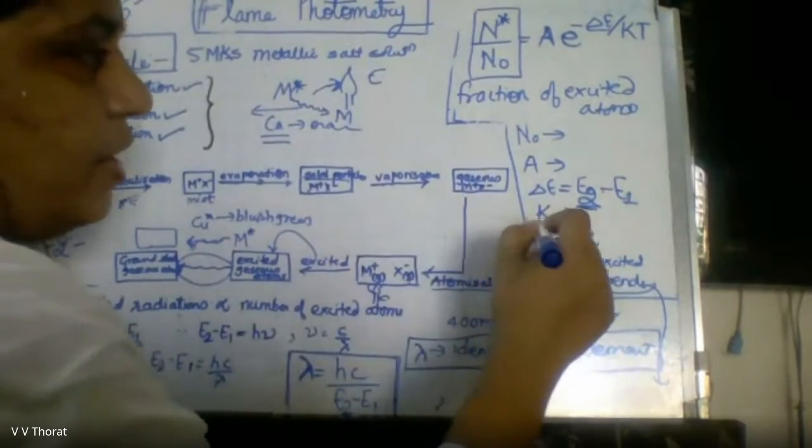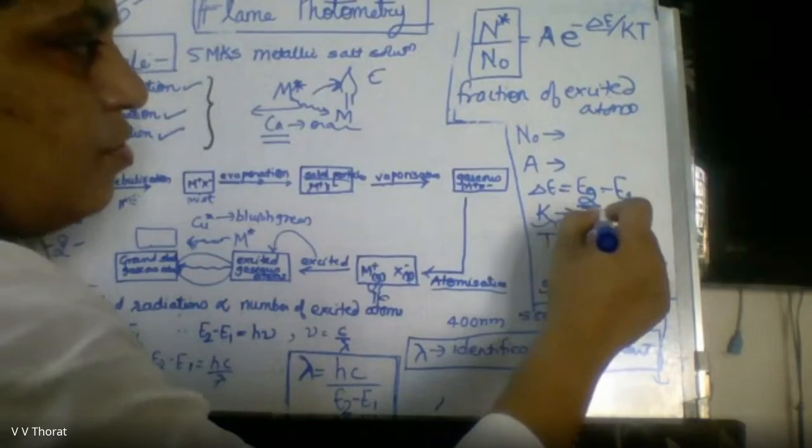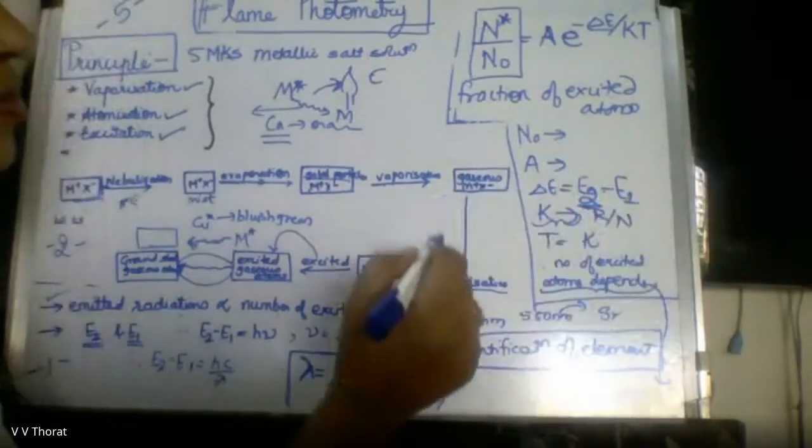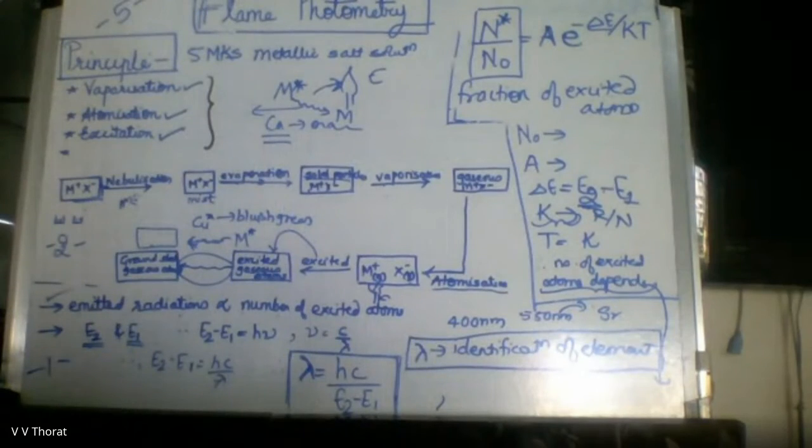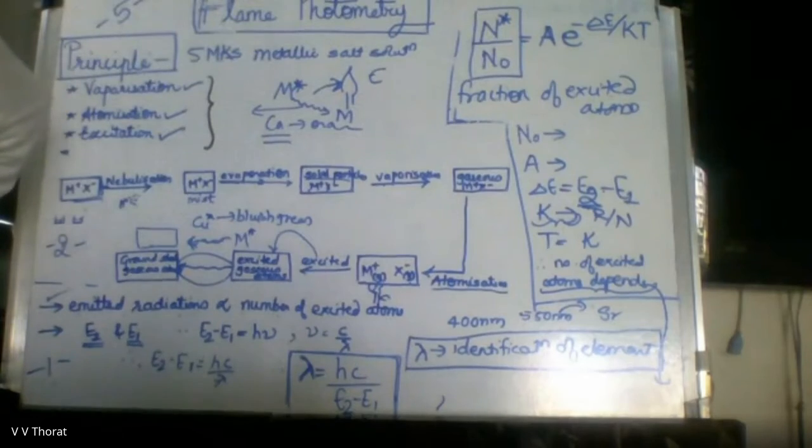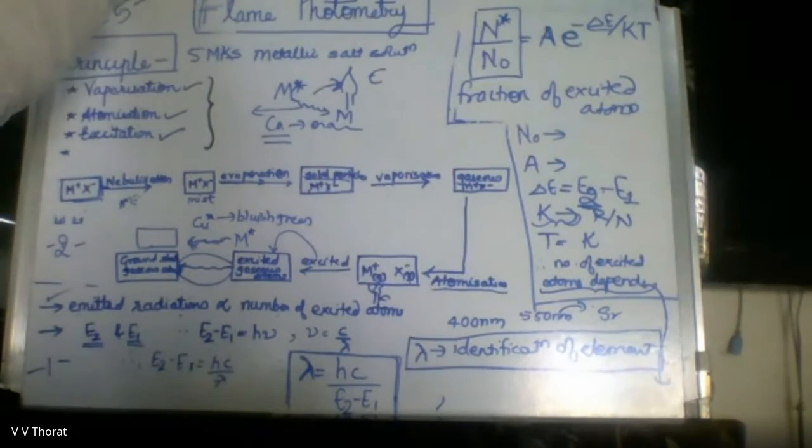Again, K is a constant which is equal to R upon N, and T is the temperature in Kelvin, and N naught is the number of atoms originally present. Is it clear, Saima? Yes, ma'am.